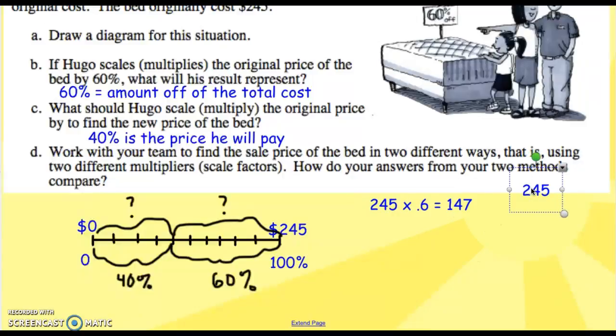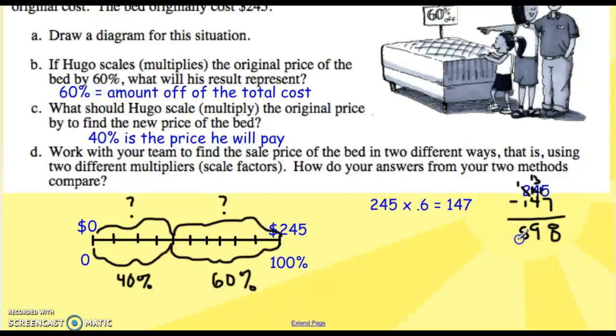So now I would do 245 minus 147. I'll just write with my pen. So here I'm going to have to borrow, 13, and then I have 15 minus 7 is 8, and 13 minus 4 is 9.